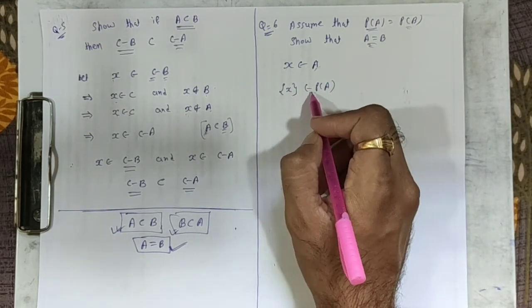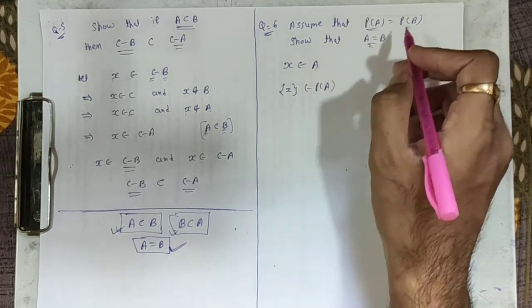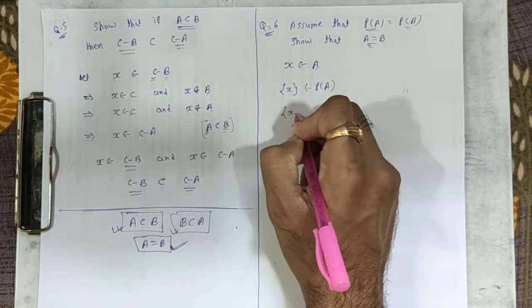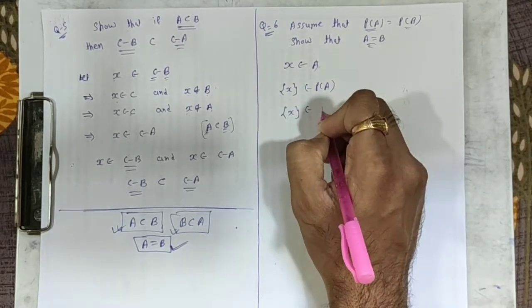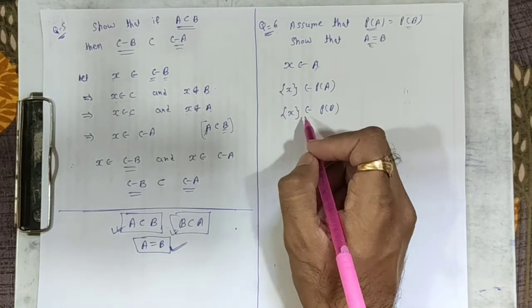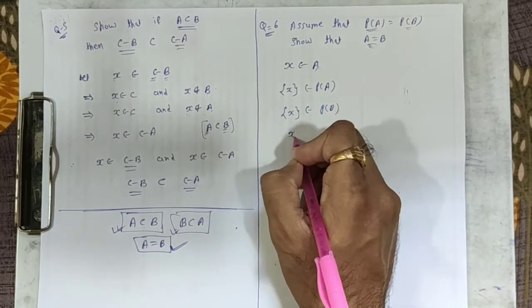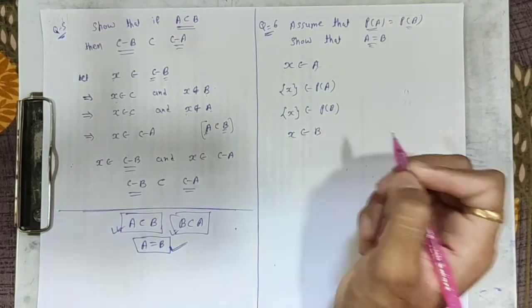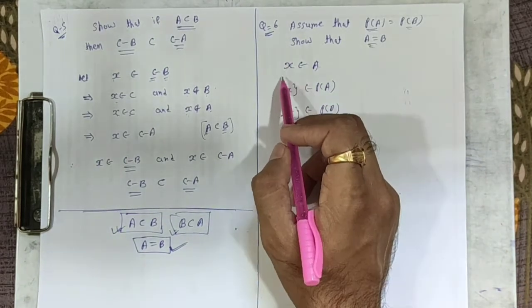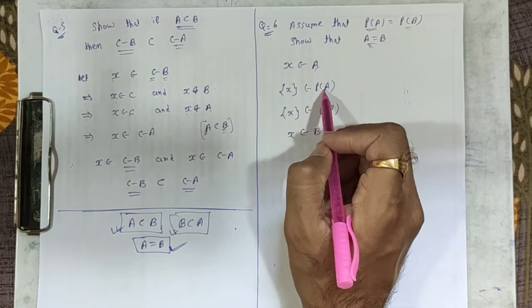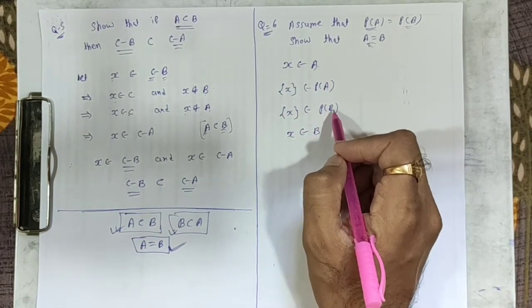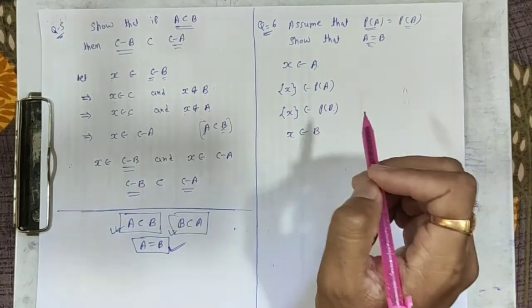So set {x} belongs to the power set of A. We are given that the power set of A equals the power set of B. So we can write that set {x} also belongs to the power set of B. As set {x} belongs to the power set of B, we can say that element x belongs to set B. Just as an element was in set A, the set of that element was in the power set of A; the set of an element is in the power set of B, so that element will be in set B.